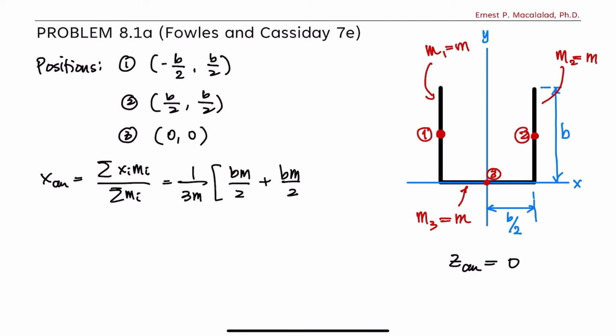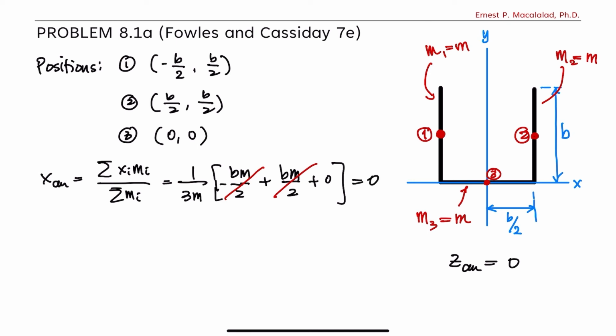And then this one would be 0 times m, or 0. Sorry, the first one should be negative because it's on the left, so let me fix that for you. This and this will cancel. Therefore, this is 0.